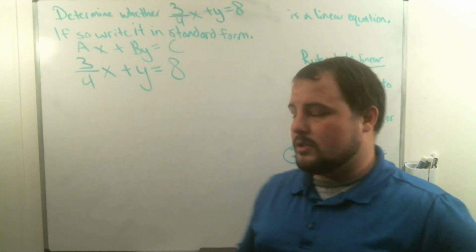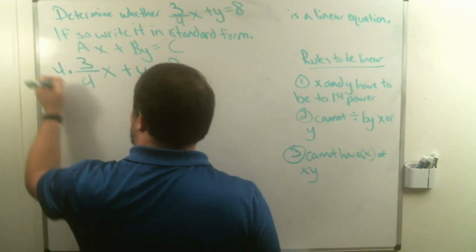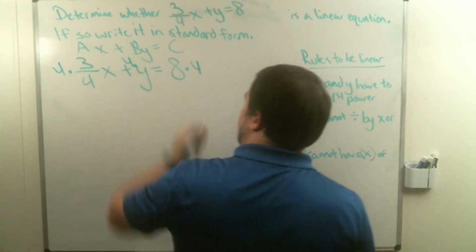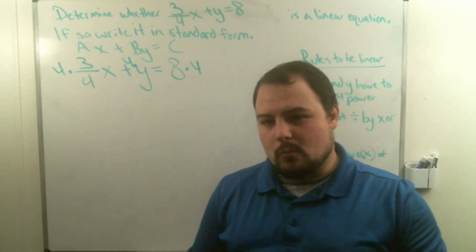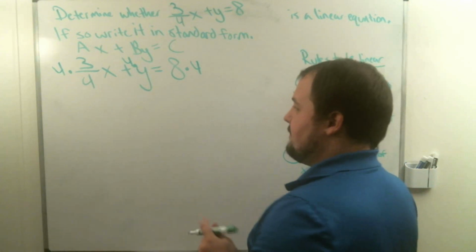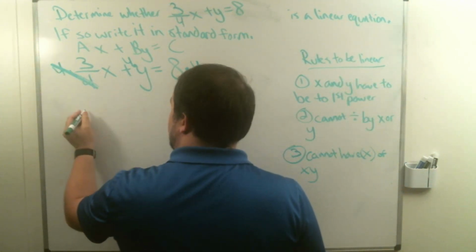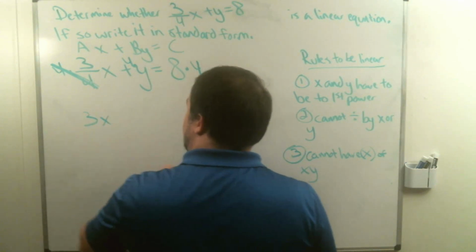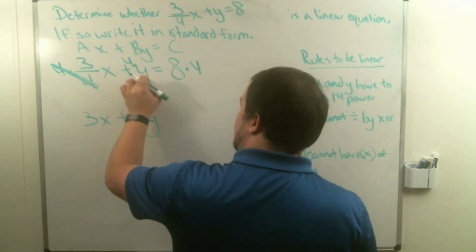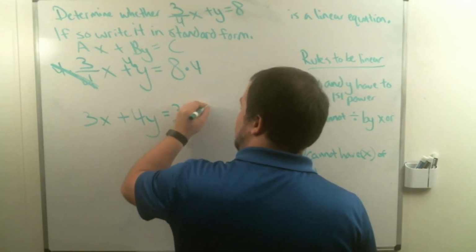We do multiplication. So we multiply not just one number by 4, but every single number is going to multiply by 4. To get this to actually work right, we have to multiply all numbers by 4. Well, a 4 divided by 4 cancels out. Now we have 3 with x plus 4 with y, because 4 times y is 4y, equals 8 times 4, that's 32.